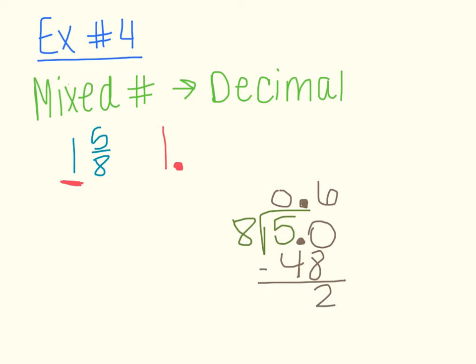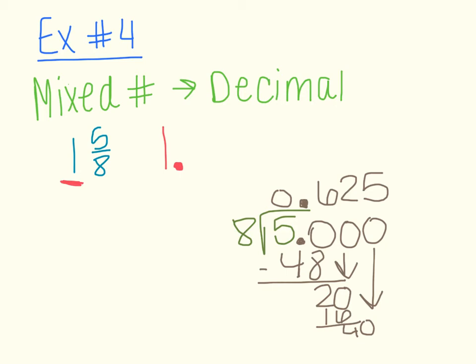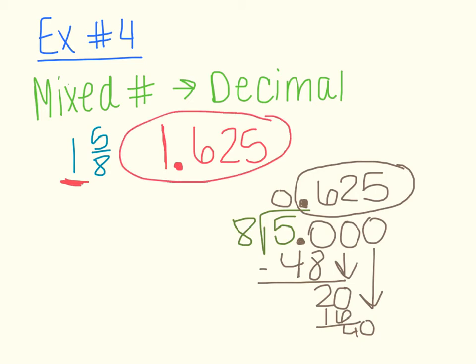I have 2 left over, so I add a 0 and bring that down. 8 goes into 20 2 times, which is 16. And I have 4 left over. Add a 0 and bring that down. 8 goes into 40 5 times evenly. So here is my decimal part, and I just add that right on to my whole number. I already have 1 for my whole number, then my decimal is 625 thousandths. So 1 and 625 thousandths is my answer as a decimal.